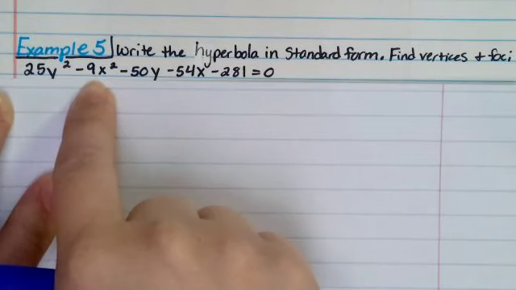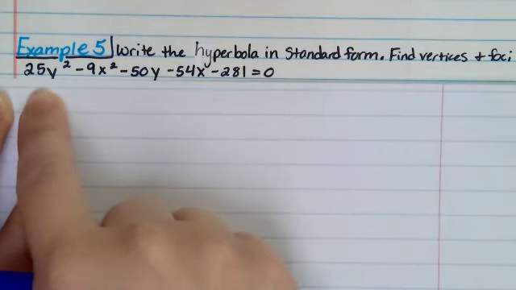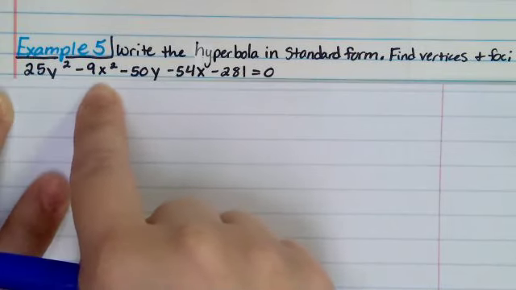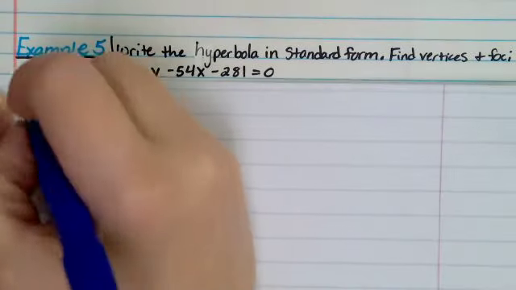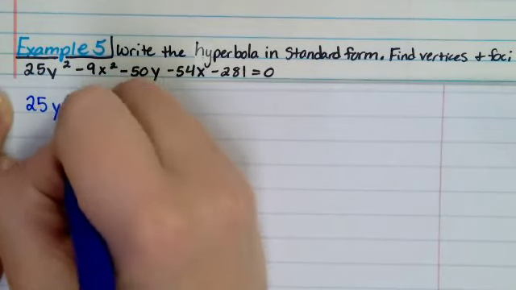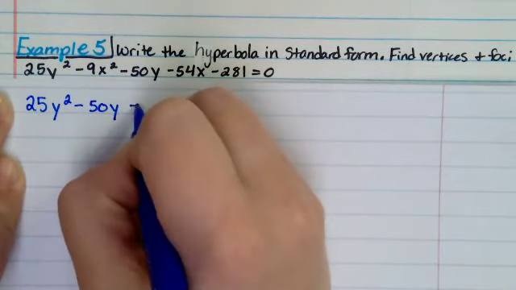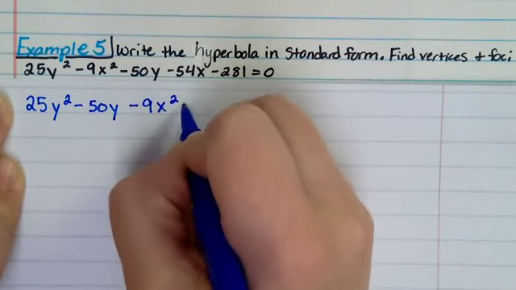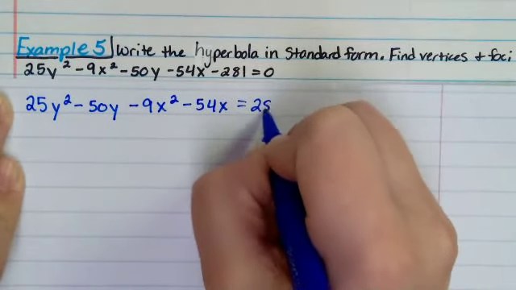That's a really strong indicator that we should be writing this with the y squared term first and then minus x squared, because that'll fit our standard form a little bit closer. So here we have 25y squared minus 50y. Then we're going to say minus 9x squared minus 54x, and then add that 281 to the other side.